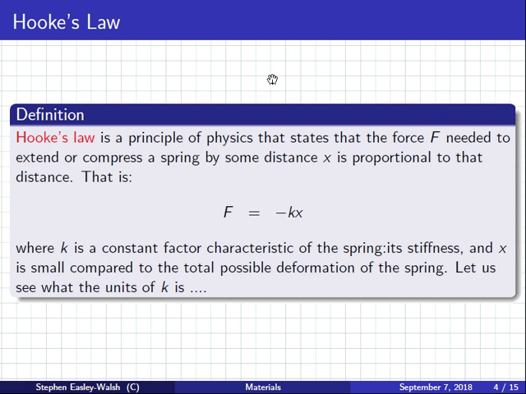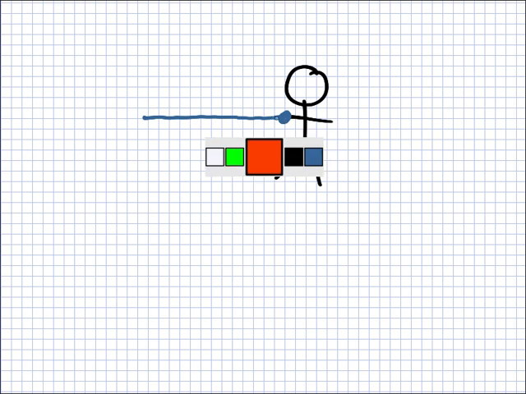We'll get to this in just one second. I just want to draw a picture here. If you pull on this, there'll be a force this way, to the left.